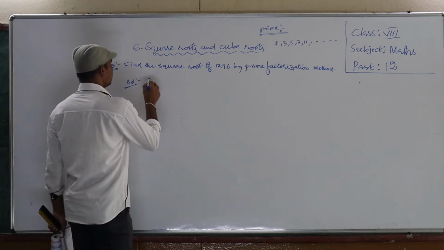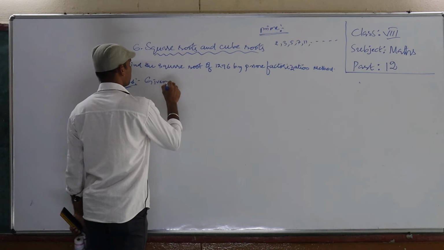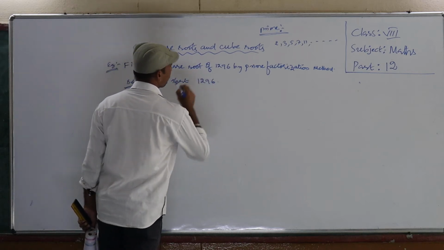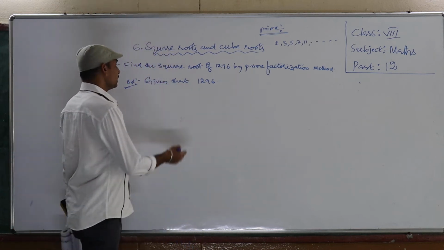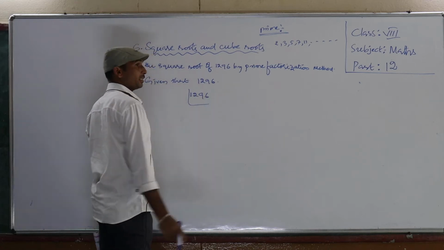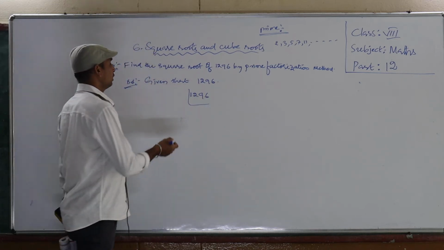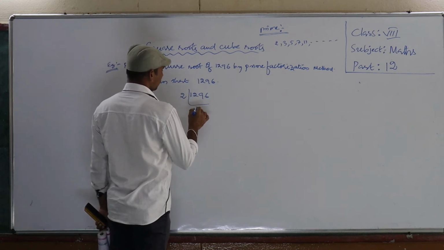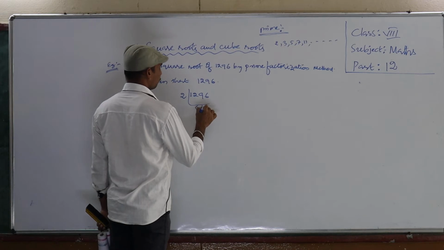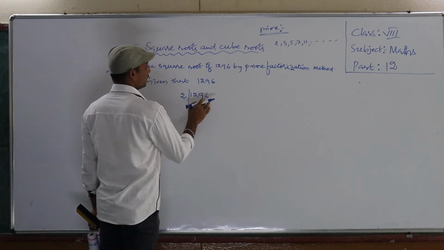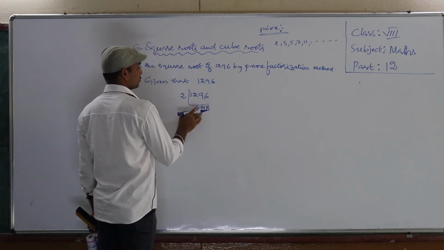So the given number is 1296. Okay, then same, take 1296. In the units place there is 6, so it will come in the 2 table. 2 6s are 12, 2 4s are 8, 2 8s are 16, 2 9s are 18, 2 6s are 12.